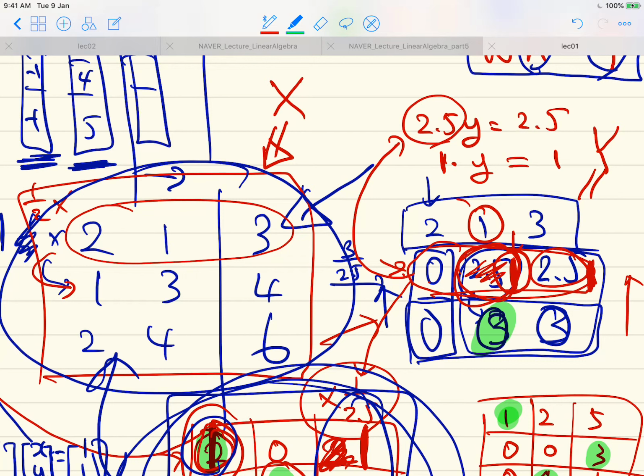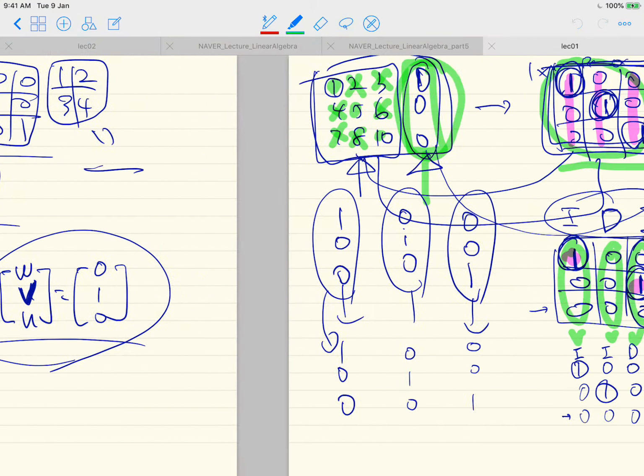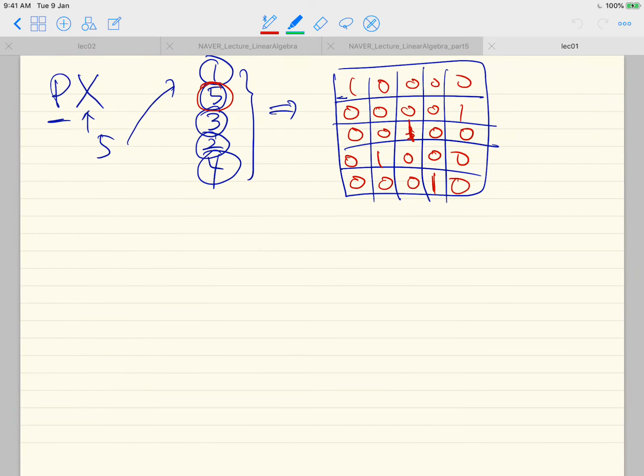That is the second row operation that we applied, and that can also be represented as a matrix multiplication, right? And then the whole sequence of those steps that we applied in the row operation can now be represented as this.